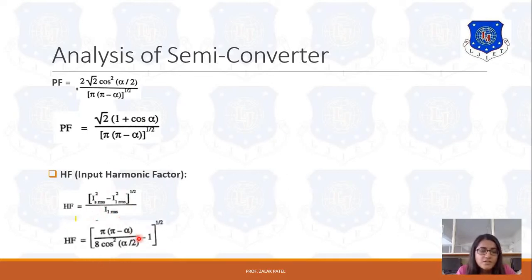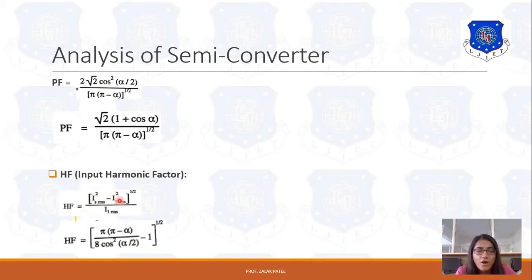Now we divide the numerator of this equation by I1 RMS. Then IS RMS upon I1 RMS, and IS RMS upon I1 RMS is nothing but CDF.